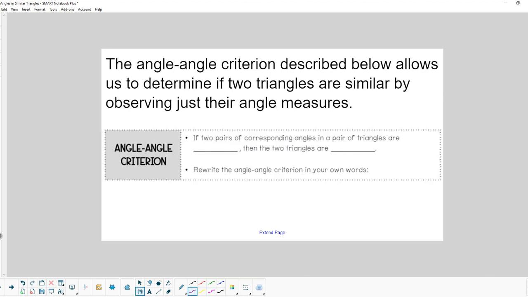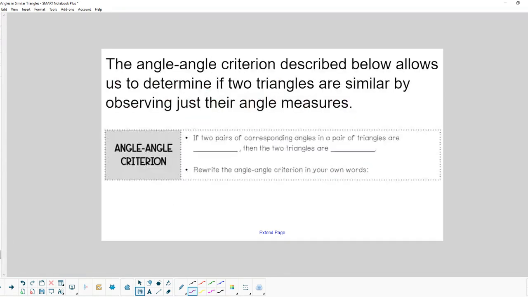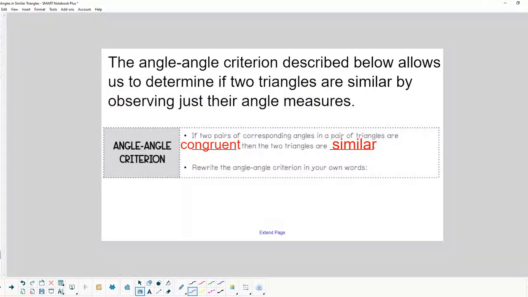Okay, so here's a little definition then. If two pairs of corresponding angles in a pair of triangles are congruent, then the two triangles are similar. So that's kind of interesting. That's almost like a converse kind of definition.